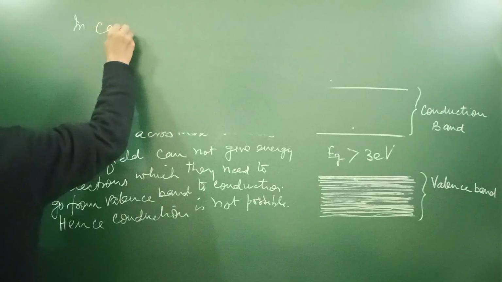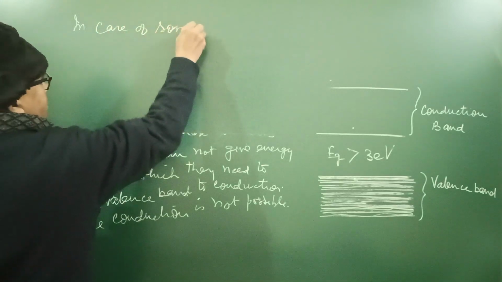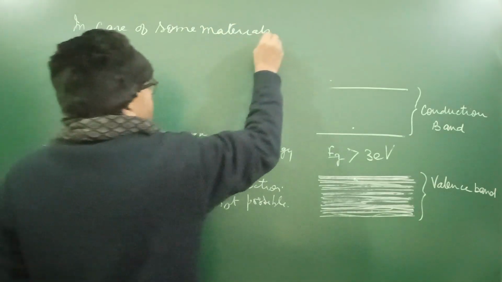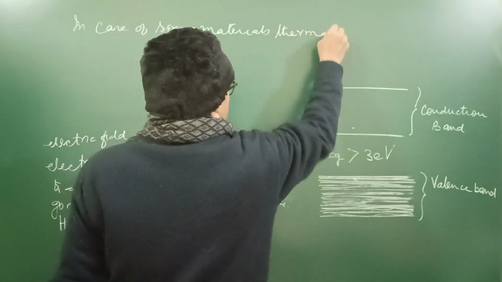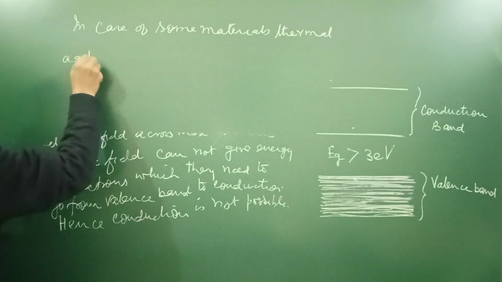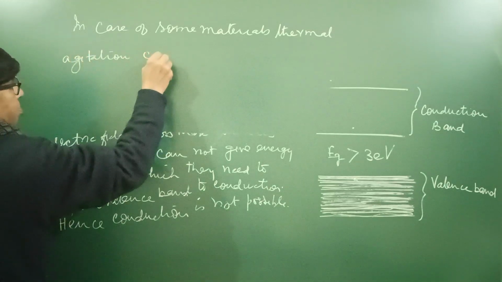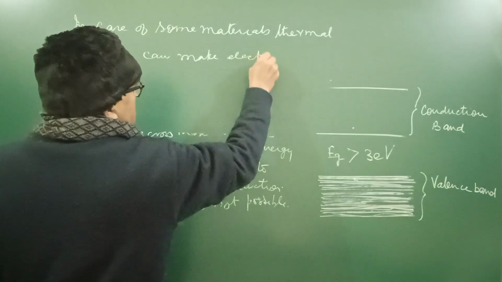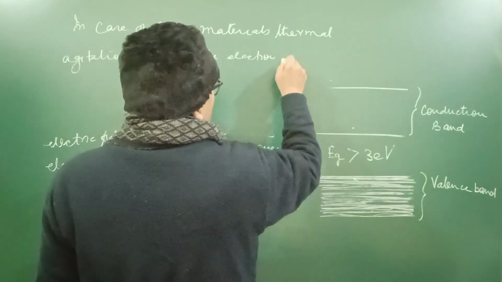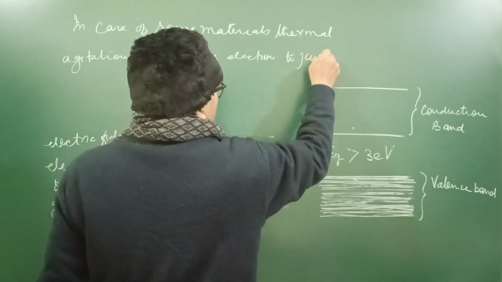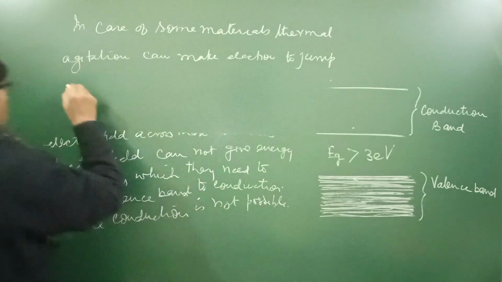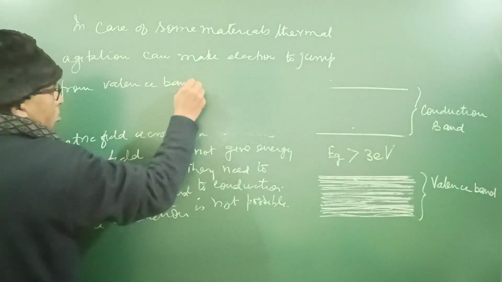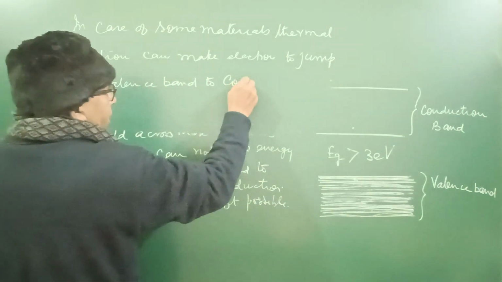In some materials, thermal agitation can make electrons jump from the valence band to the conduction band.